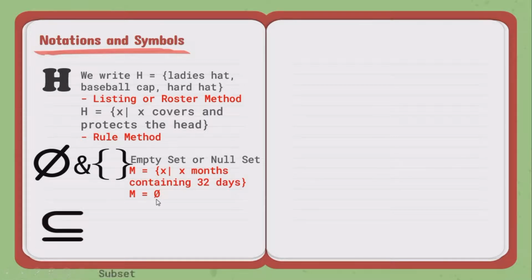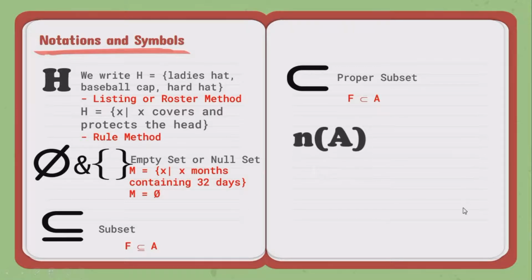And this is how we write a subset. For example, F is a subset of A. And this one is the symbol for proper subset, and we write it like this: F is a proper subset of A. So, the next one is the cardinality of a set.